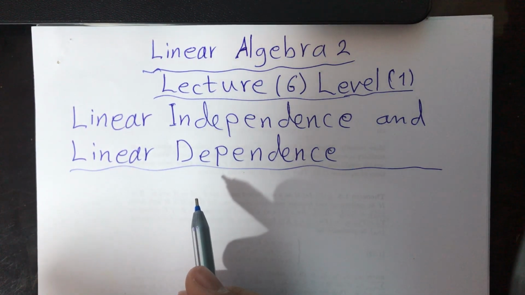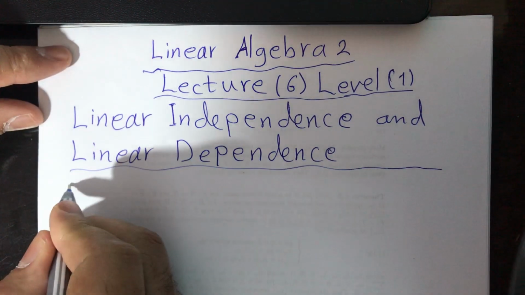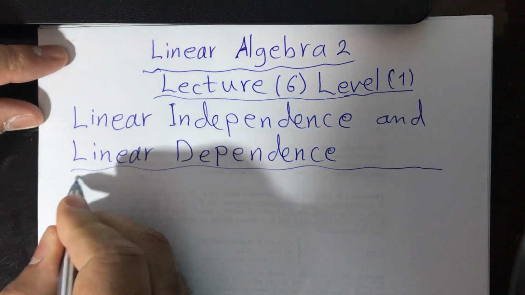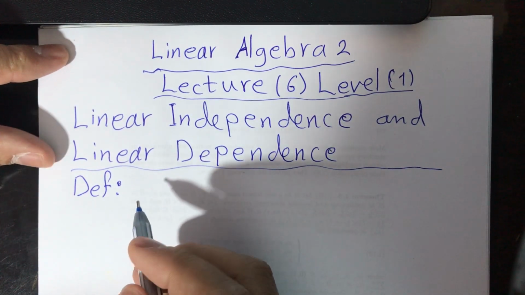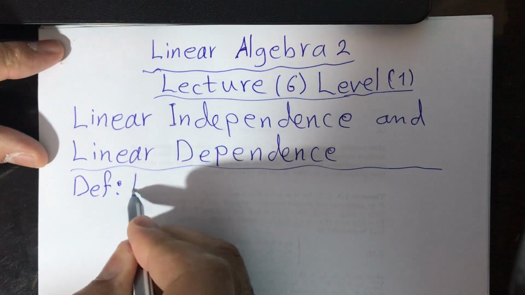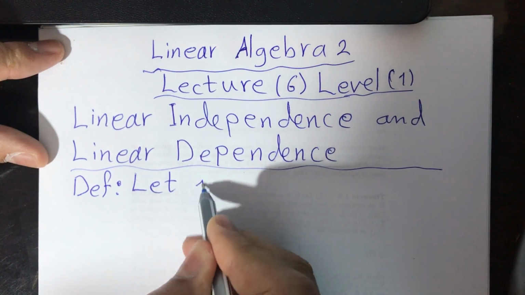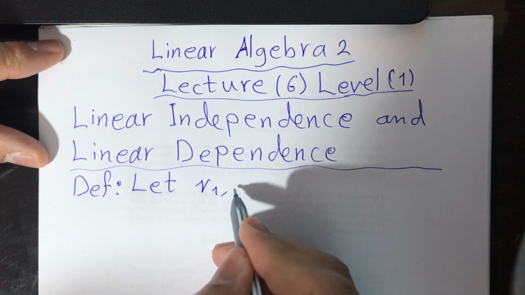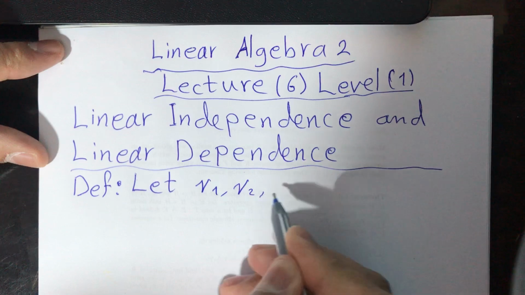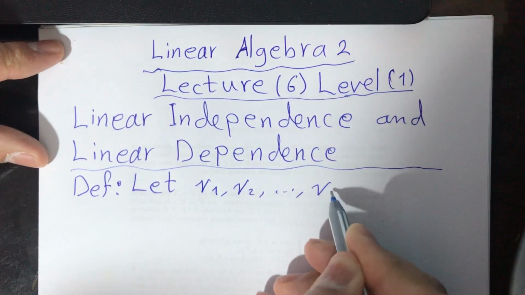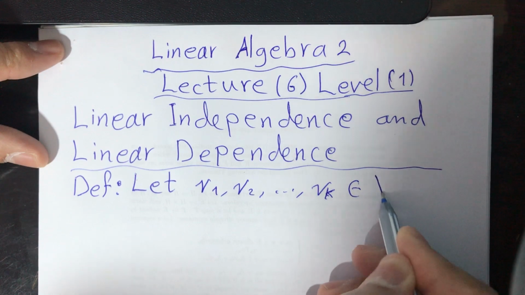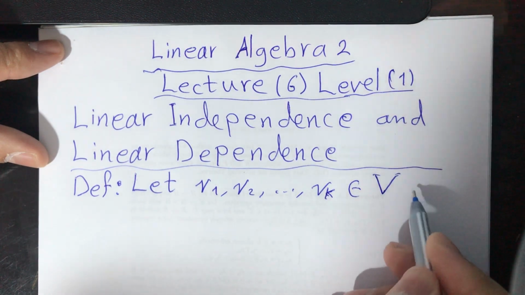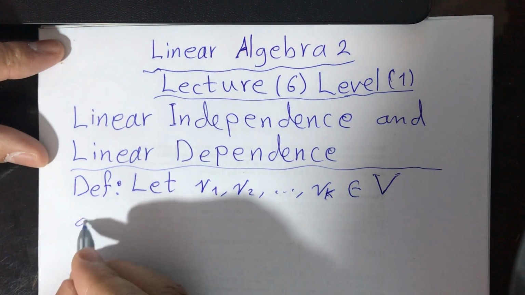Definition. Let V1, V2, until Vk belong to V, a vector space.